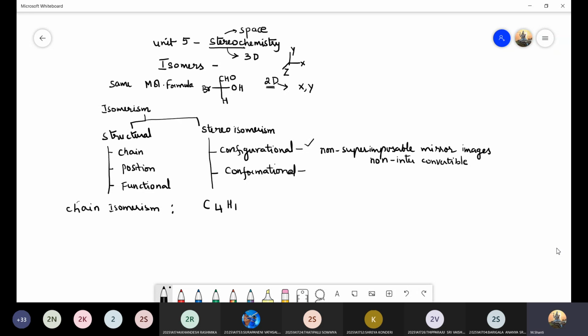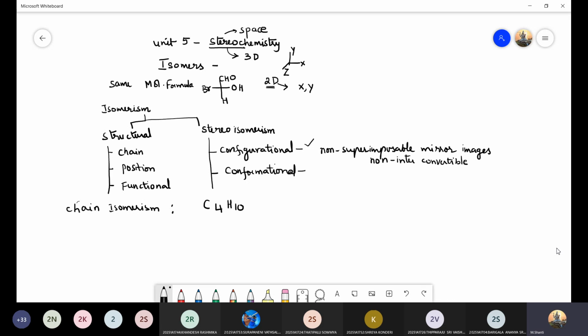I have taken the molecular formula C4H10. What are the possible chain isomers? But before that, let me explain how these chain isomers can be written. Chain isomers are obtained by a difference in the nature of the carbon chain. For the molecular formula C4H10, what are the possible ways in which I can arrange these carbon atoms?